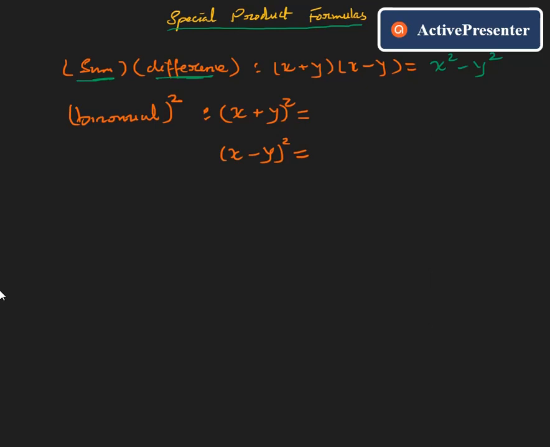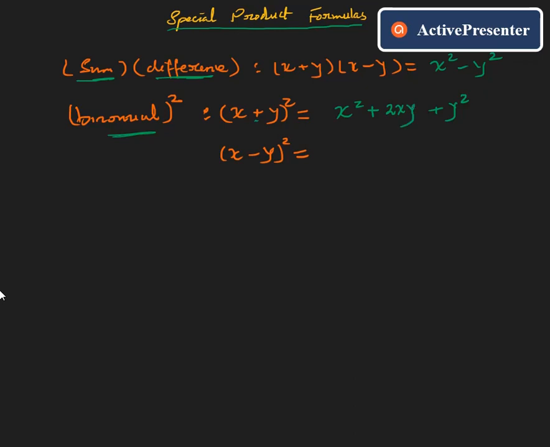Okay, the second special form, if we say a binomial raised to the power squared. So when we say x plus y all to the power squared, this is equal to x squared plus y squared, and the sign in the middle we put as it is, and plus what? 2xy.